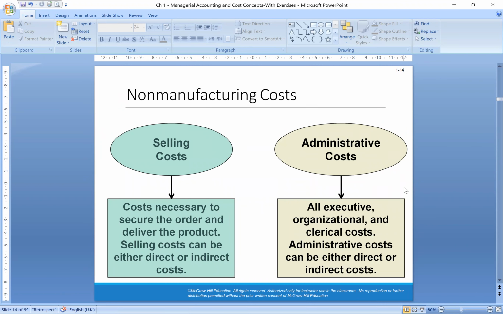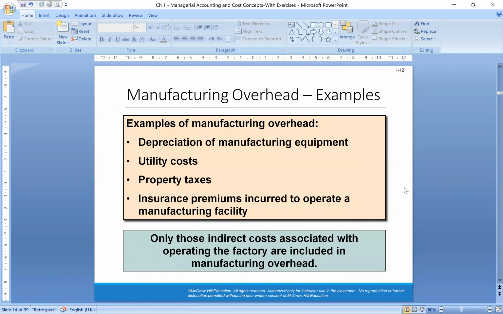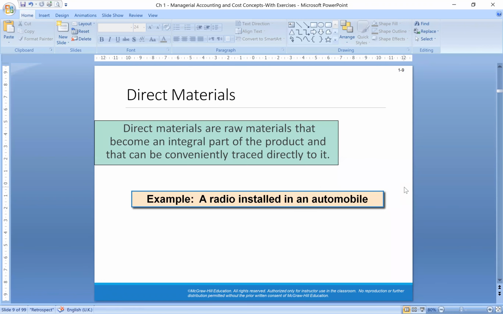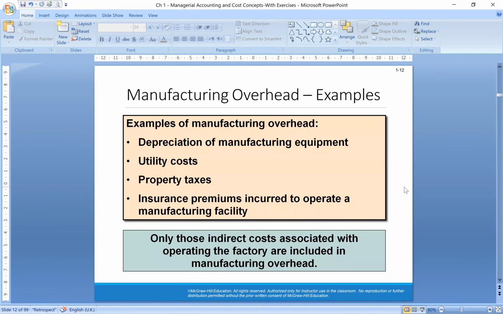The other category for the manufacturing companies, if you remember the classification, we say for the purpose of accounting for cost in manufacturing companies, we have manufacturing costs and non-manufacturing costs. So what does non-manufacturing cost mean?